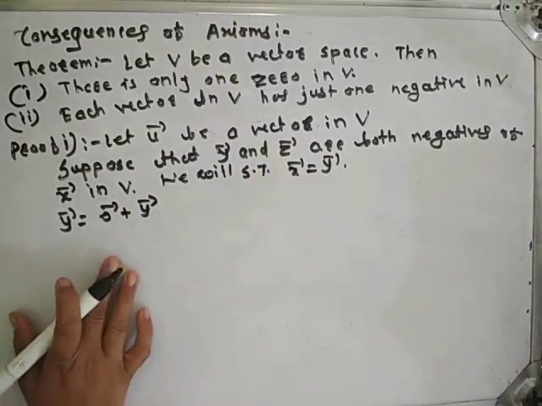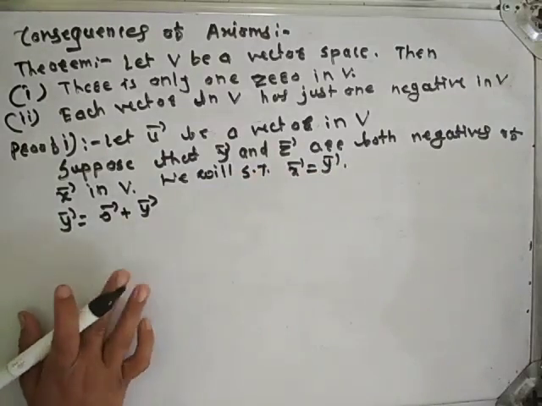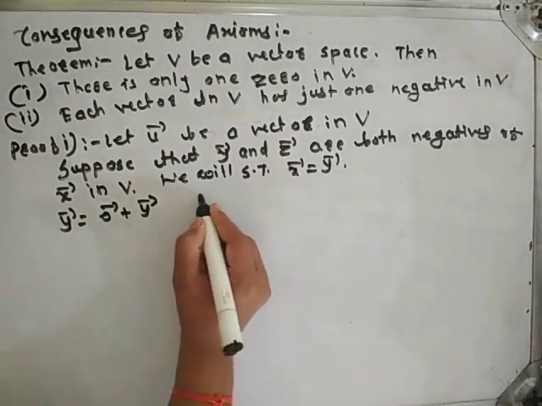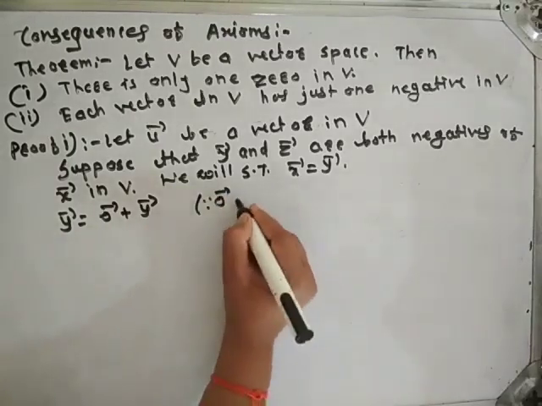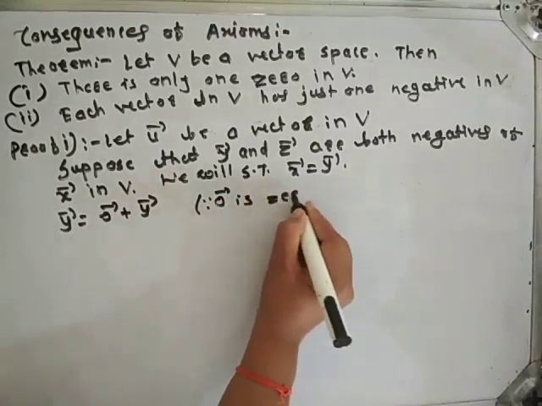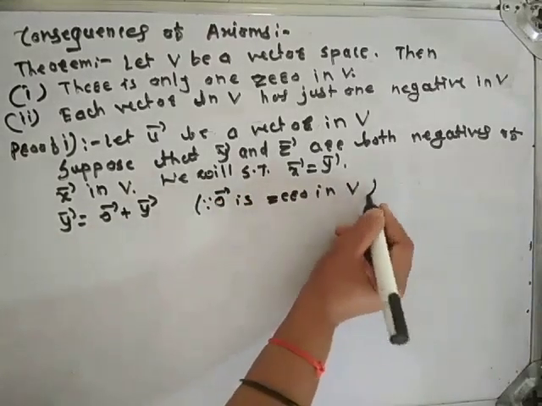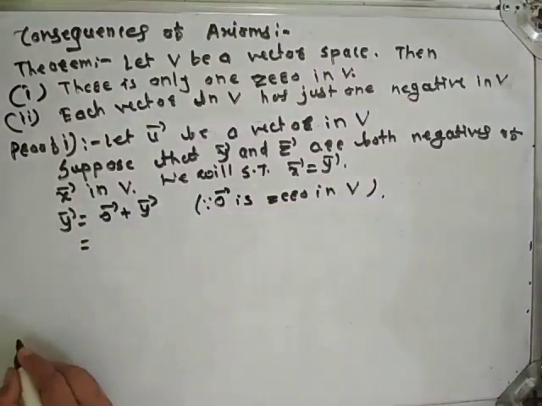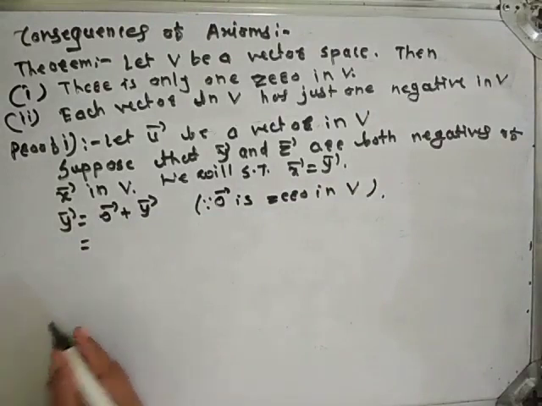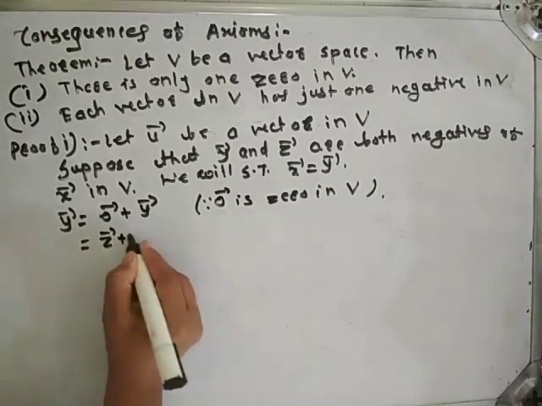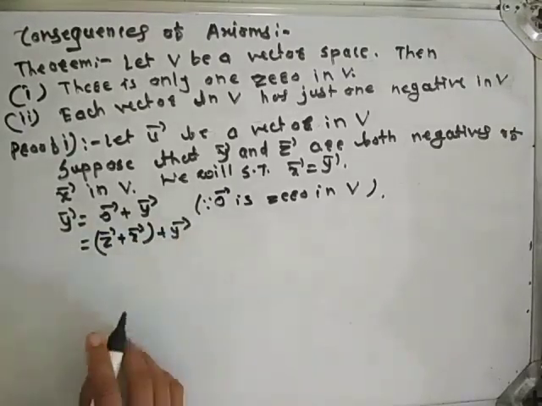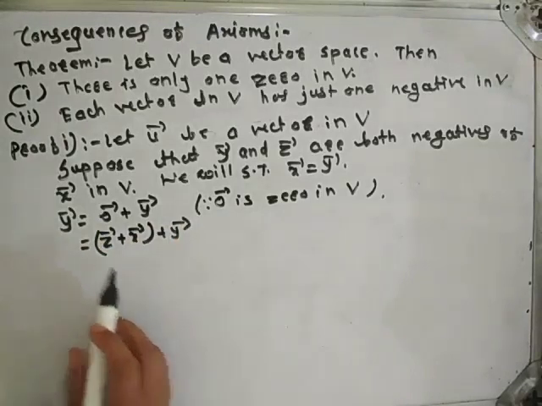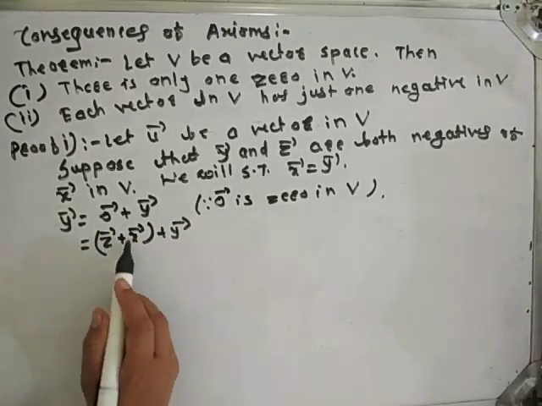Y bar can be written as 0 bar plus Y bar, obviously, because 0 bar is 0 in V. Which is equal to Z bar plus X bar plus Y bar, because 0 bar can be written as Z bar plus X bar.